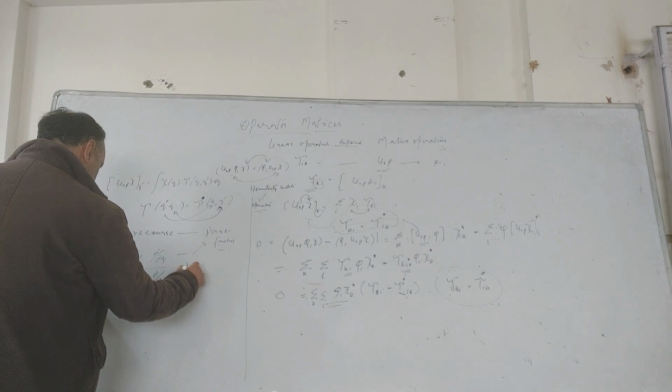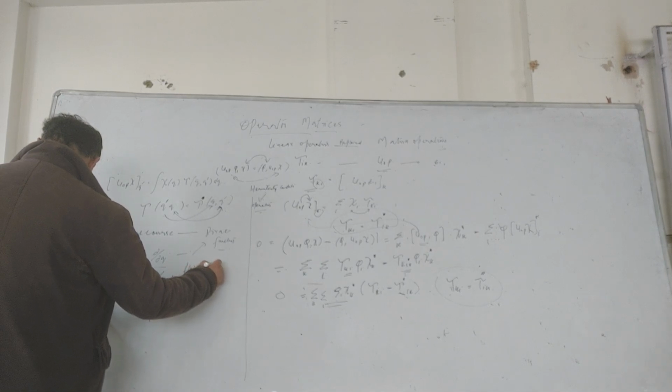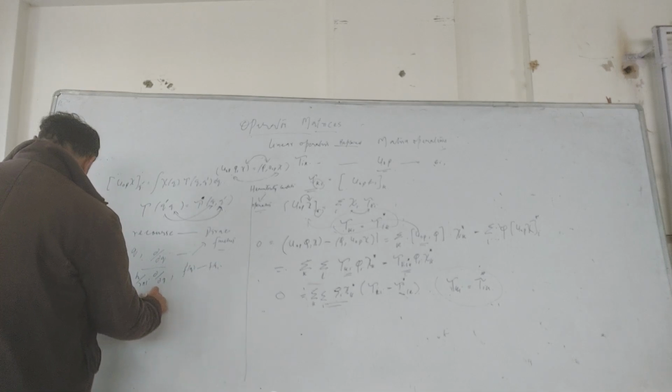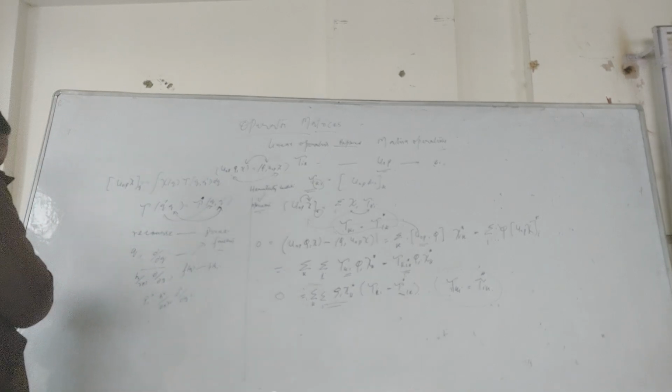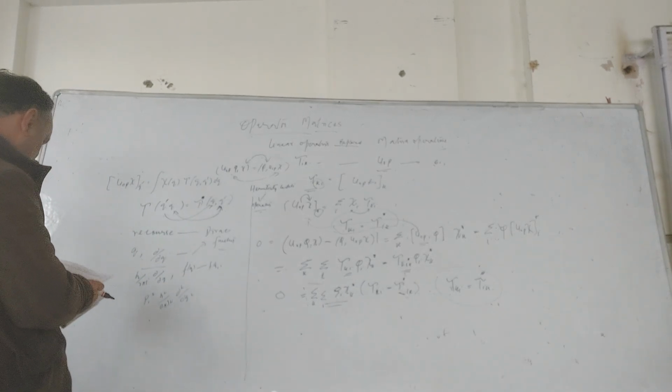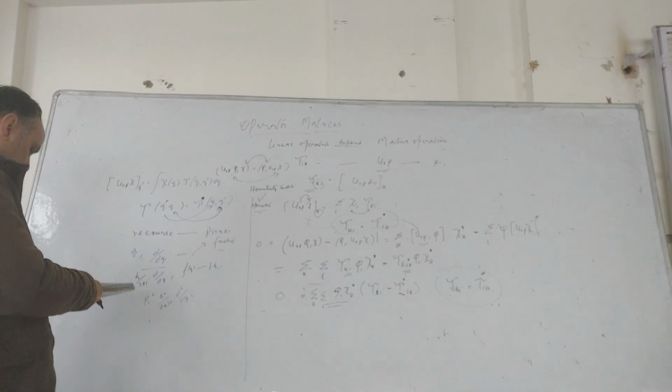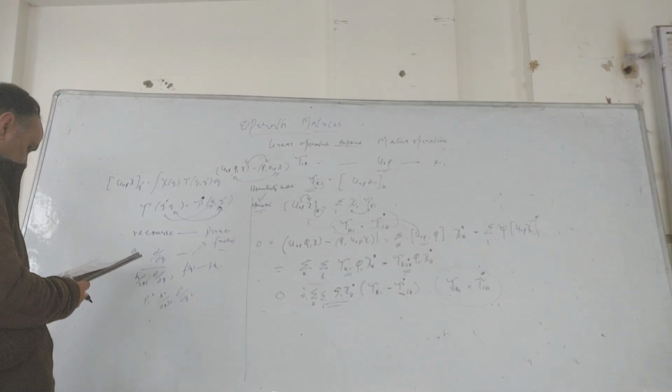For f of q, it was q f of q. For p squared, we have x squared, we have h bar squared d2 by dq squared. Remember? Now we can have, starting from the cluster function.